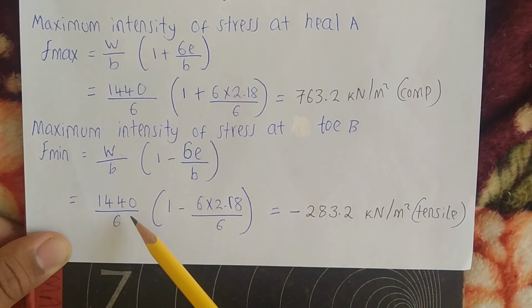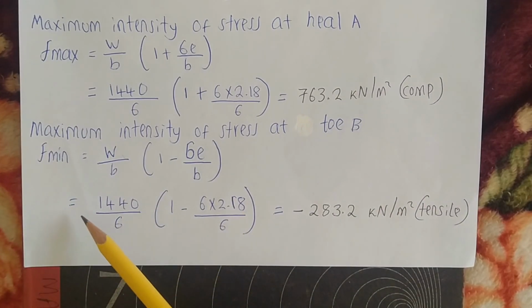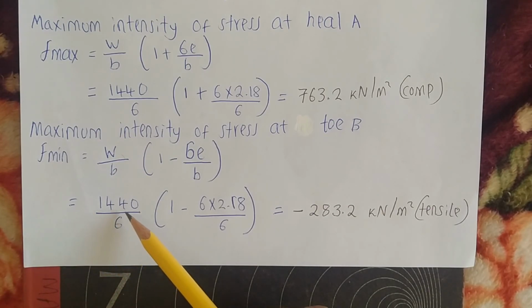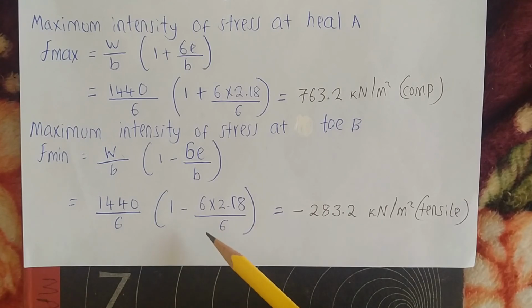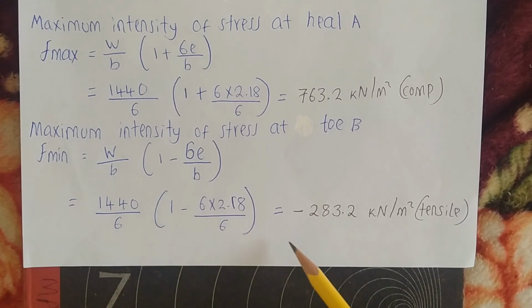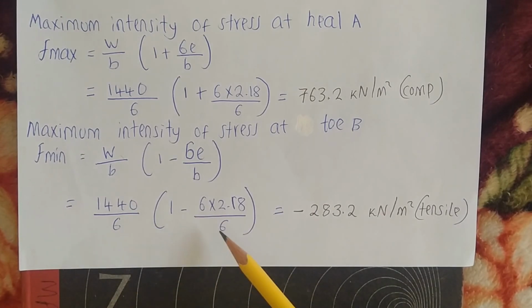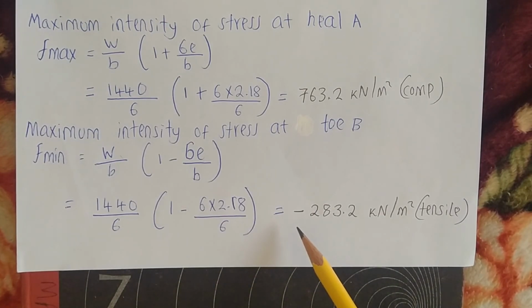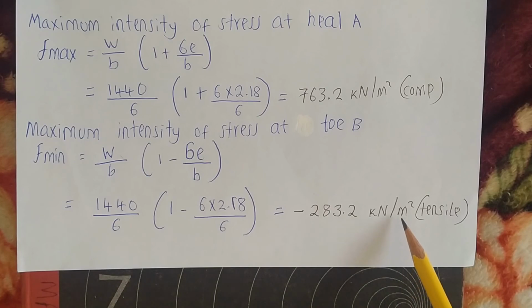I've just replaced my values over here. So f minimum will be equal to 1440 all over 6 into 1 minus 6 times 2.18 all over 6. Then when you calculate this, you'll get your value as negative 283.2 kilonewtons per meter squared.